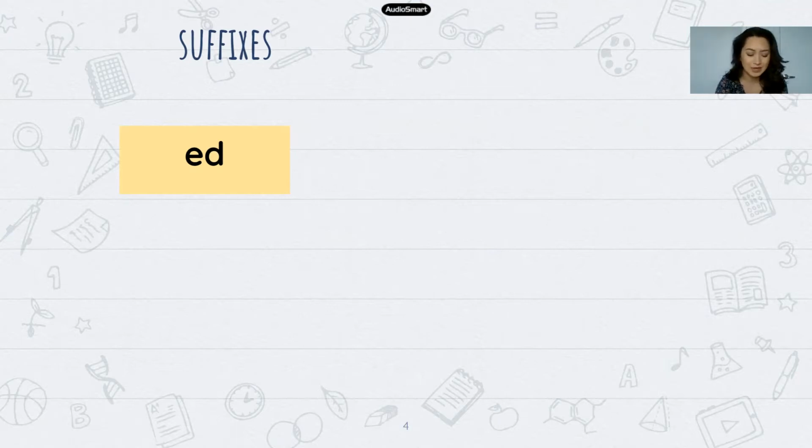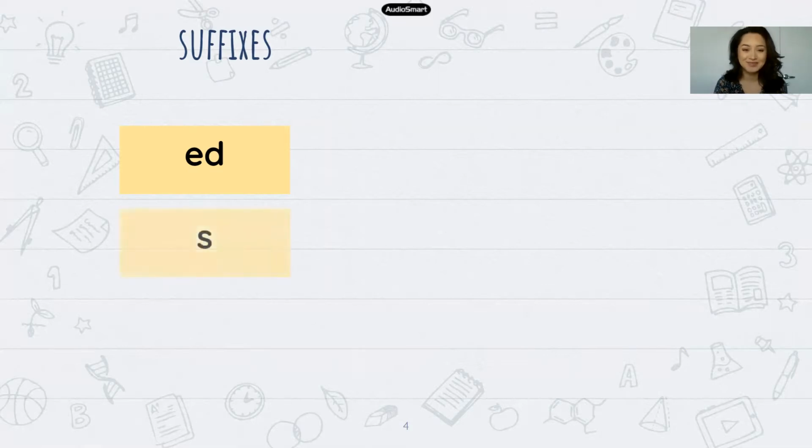Okay, next one. What suffix says /z/? This one's tricky. Repeat after me. /z/. Not the letter, the suffix. As in dogs. What suffix is in the word dogs?